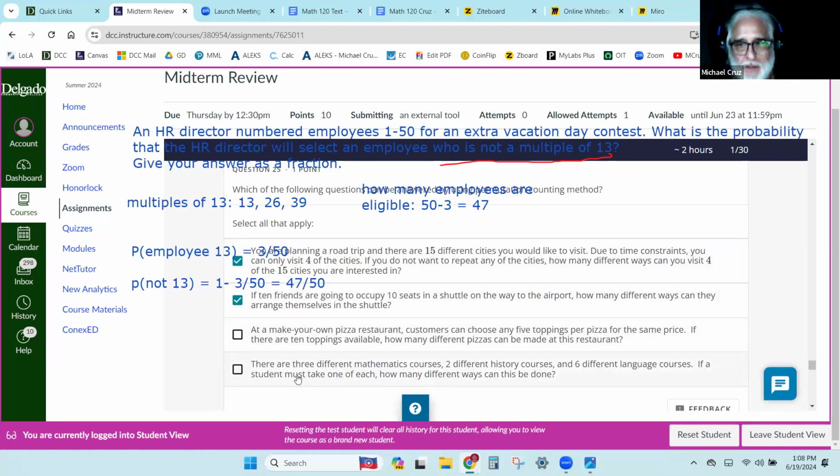And this right here is just plain old counting method. In other words, this would be 3 times 2, 6 times 6, so 36 different ways. But that's not an order issue, because with classes, you don't have to take them in order. Generally, when you have a semester plan, you want to go through all of them. But if you don't pass something or if it's not available to take, then you can take it later. The order is not an issue.